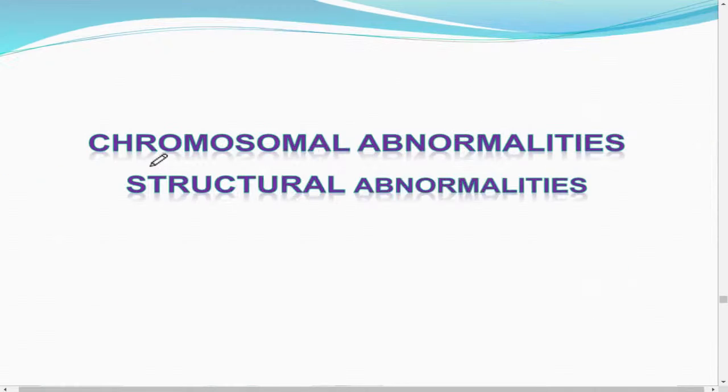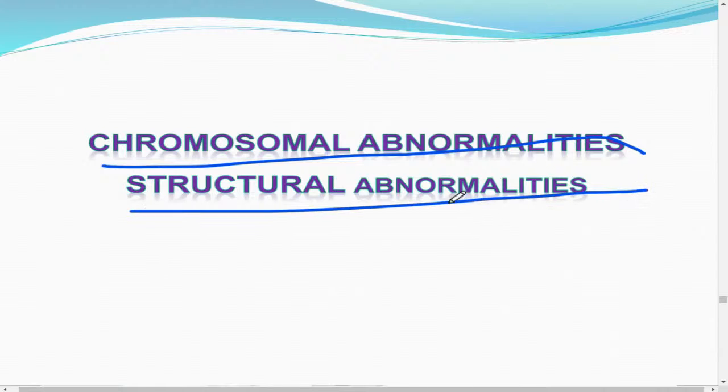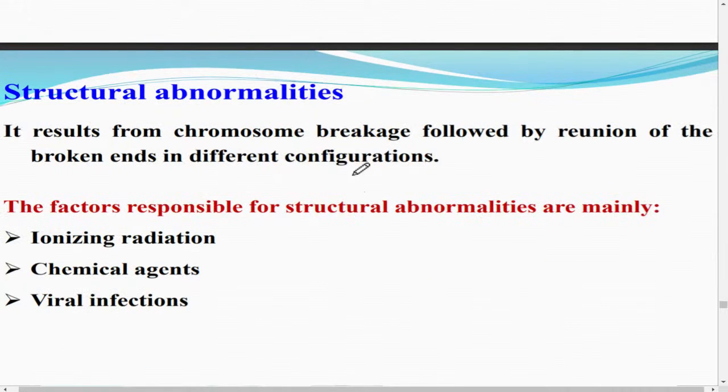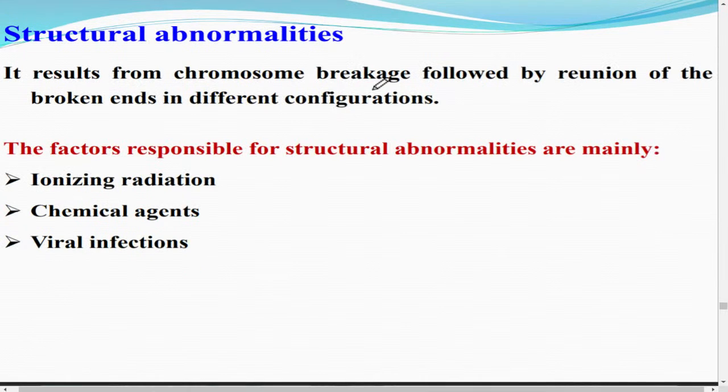We have the chromosomal abnormalities, structural abnormalities. Let's start with the structural abnormalities. It results from chromosome breakage, followed by reunion of the broken ends in a different configuration.